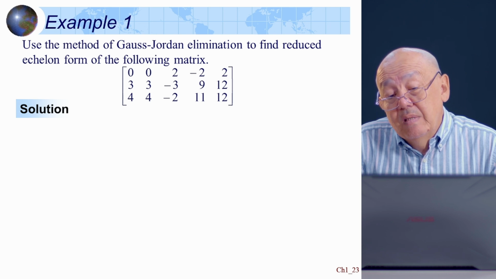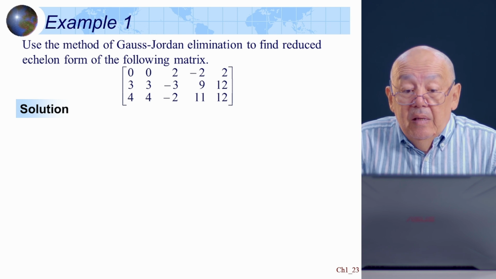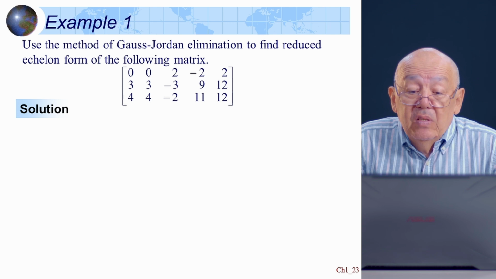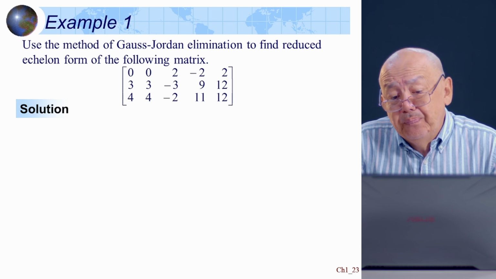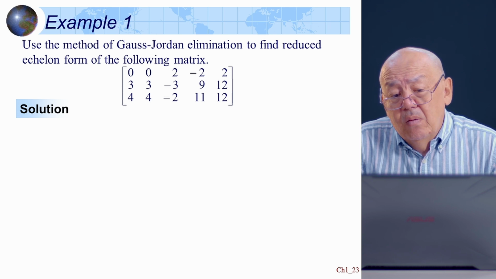And the last column is the column of constant terms. So what we do: we see that the leftmost top entry of this matrix is 0, so we have to apply some interchange. You can, for example, interchange the first row with the second one.